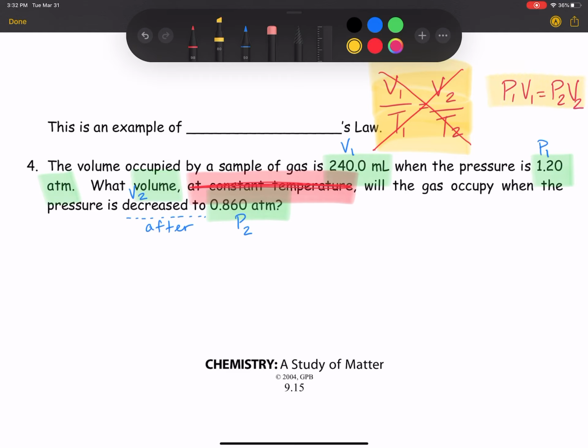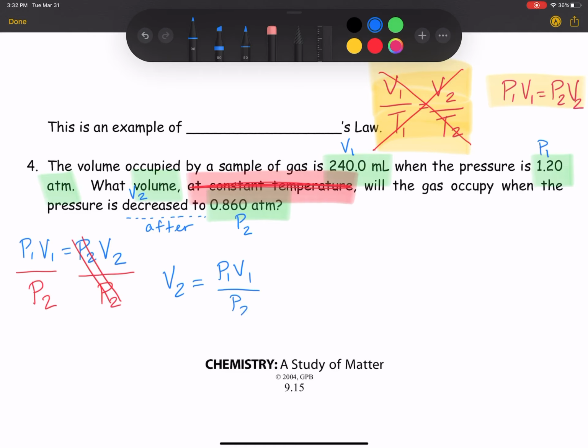The information I have for Boyle's law is P1 V1 equals P2 V2. This time around, I'm solving for V2, so I'm going to divide by P2 on both sides, cancel that out, and I'm left with V2 equals P1 V1 over P2.